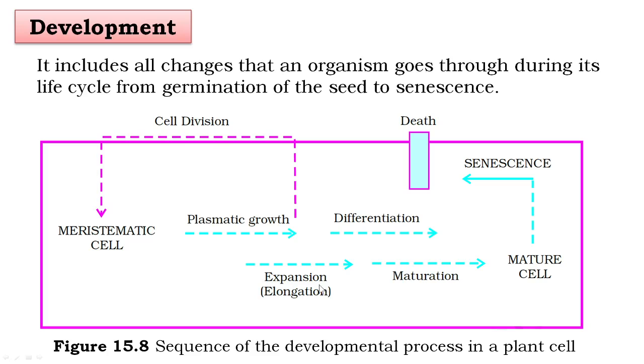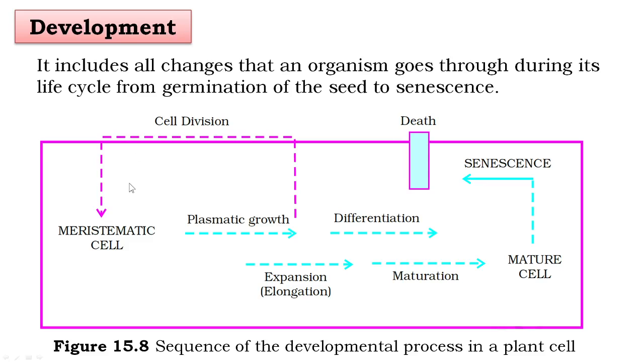Vacuole, cell wall, the process of expansion and elongation, then it becomes mature, and the mature cells later on undergo aging. Senescence, aging. And then later on the plant will die.